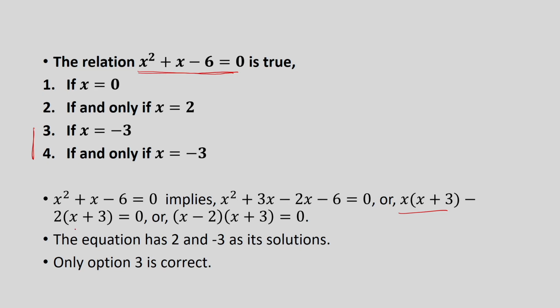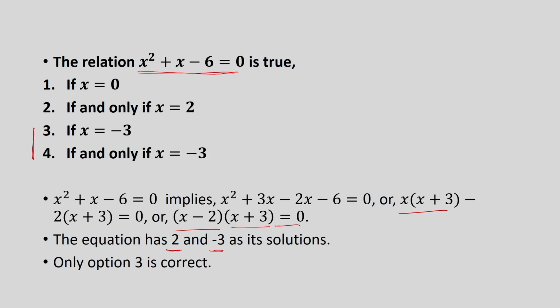So, that will give you x plus 3, you take x plus 3 common. So, x minus 2 multiplied by x plus 3 is equal to 0. So, this is a quadratic equation with two roots, 2 and minus 3, right. That basically means that this relation is valid for two values of x, one is 2 and the other is minus 3.